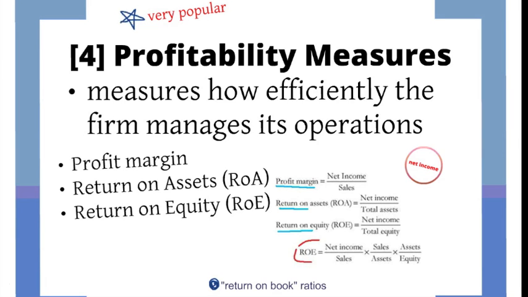They all use the net income number in their numerators, not denominators. It's very easy to remember. And moreover, these are numbers from the financial statements. So the ratios here are also known as return on book ratios because the numbers are from the books.